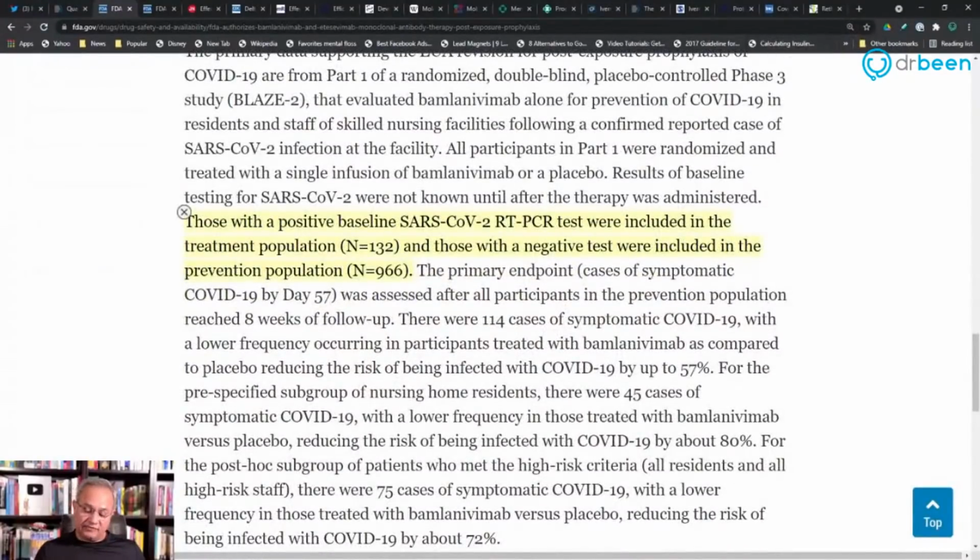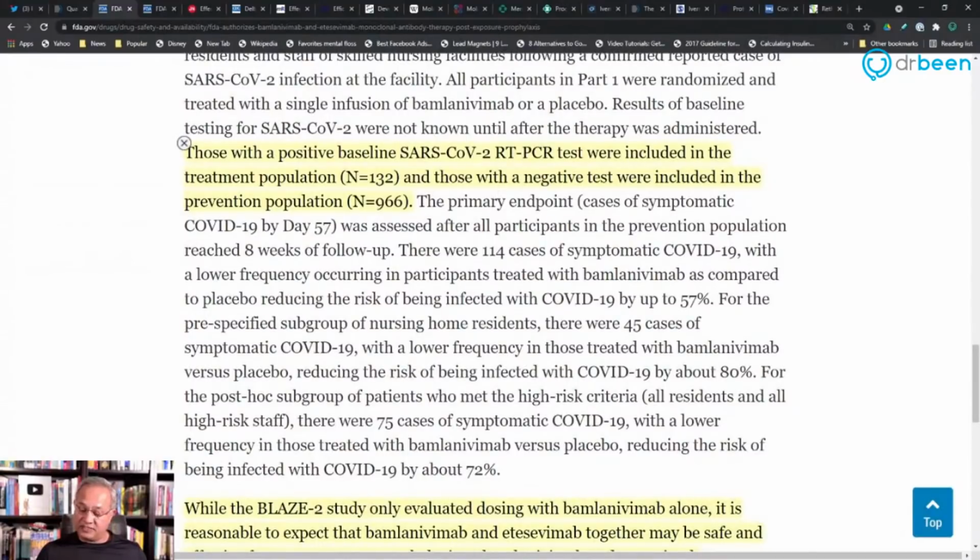Those with positive baseline SARS-CoV-2 RT-PCR tests were included in the treatment population. Look at the number, N equals 132. And those with the negative test were included in the prevention population, N 966. And you may have heard from some of the authorities to say, well, we have seen for the other drugs some of the studies and they're not balanced.